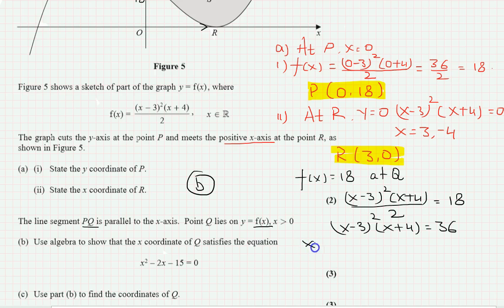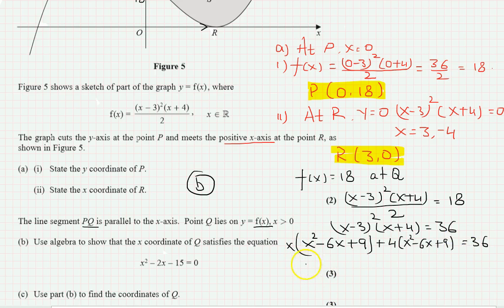So it means x squared minus 6x plus 9 multiplied by x plus 4, x squared minus 6x plus 9 is equal to 36.